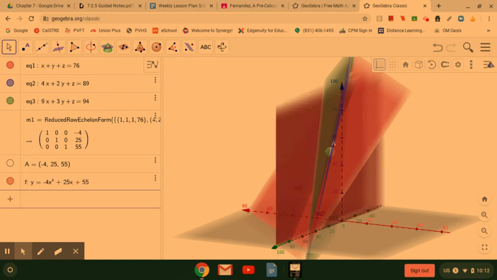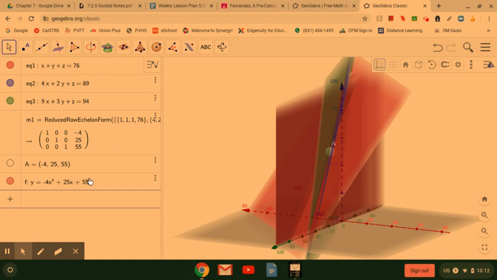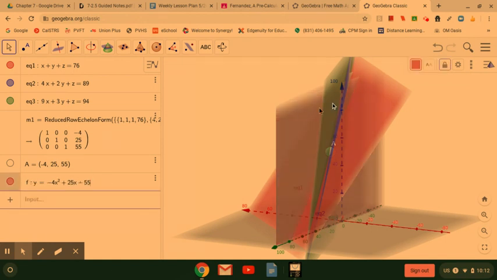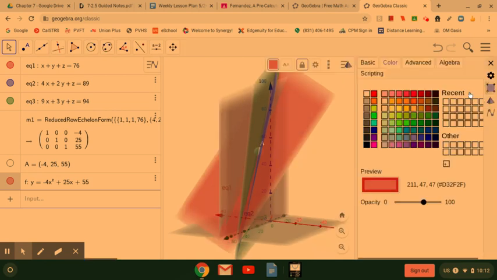Okay, and then let's make this color black so that we can really see it, so it can contrast versus everything else.